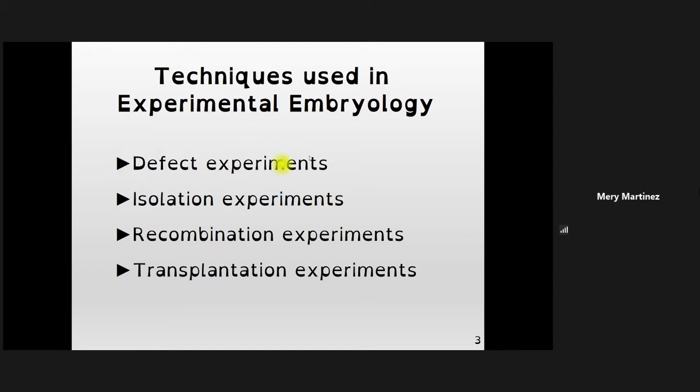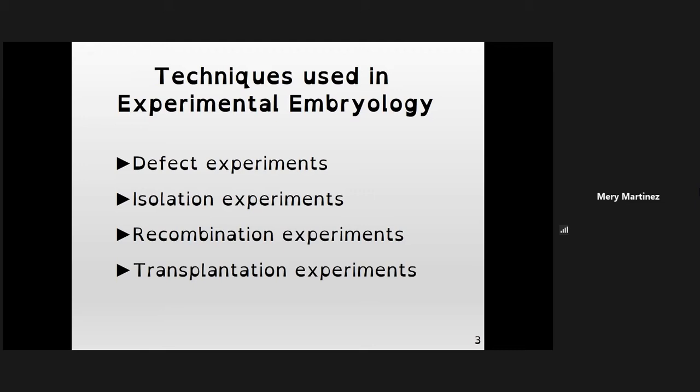For these defect experiments, what they did is that they used a portion of the embryo that was destroyed, and then they observed the development of that embryo and saw what happens. Is the embryo well at the end? Yes or no? Okay. They also use isolation experiments.